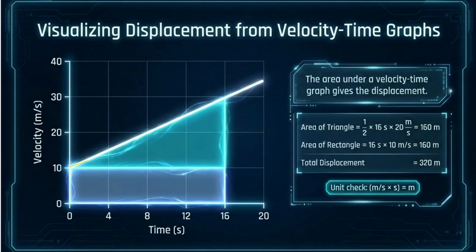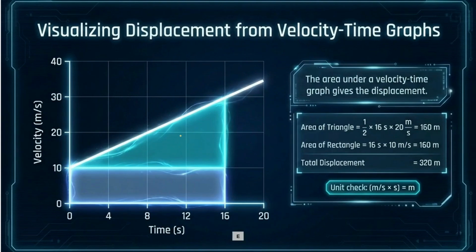In this graph, we have this straight line, okay, and this is the area covered by this curve. For that, we took two parts. First one is the triangle part and second is the rectangular part.